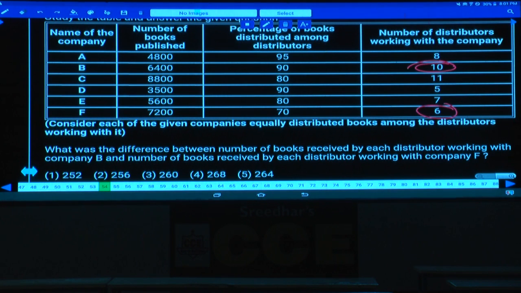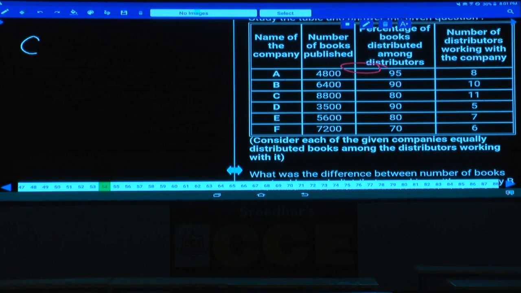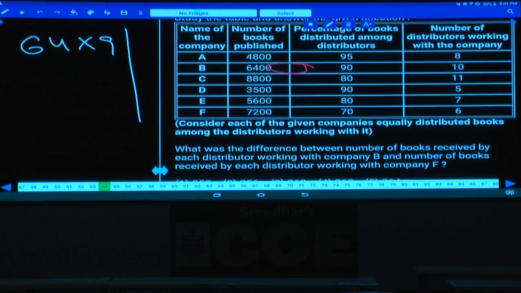Now, 10 distributors are there for company B, and how many books were distributed? If 90% distributed among 10 distributors, each gets 9%. What is 1%? 64. 9% in the sense 64 9 times? Let me write that number as it is. 64 into 9. I will calculate that part later. Okay?